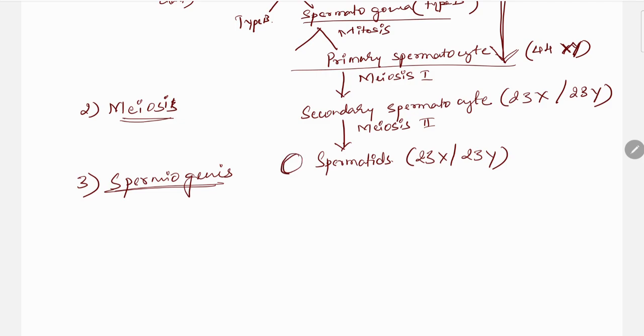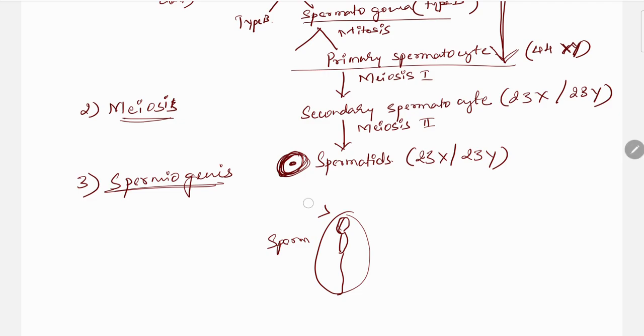It is more round, like a normal cell having a nucleus inside. When they become sperm, they will have the head like this, the middle piece like this, and the tail like this. So this is the conversion from the normal cell to this type of cell. This process of metamorphosis of the spermatid to the sperm cell is called spermiogenesis.